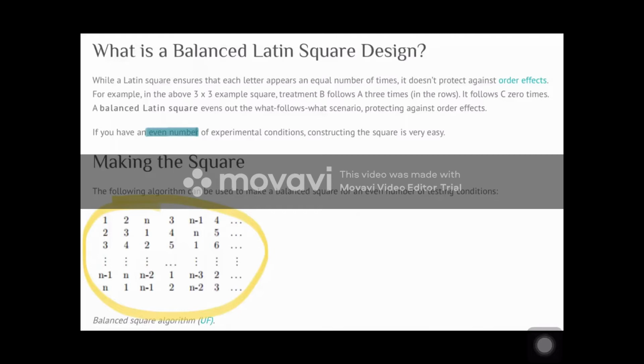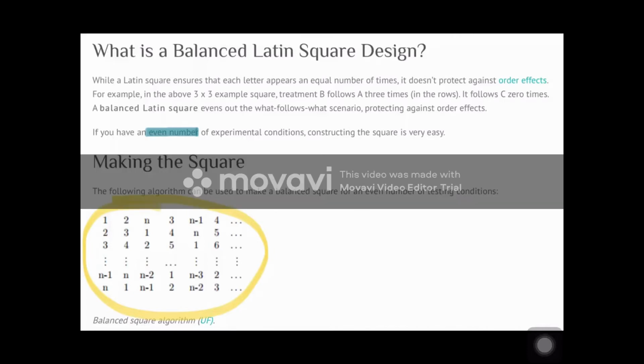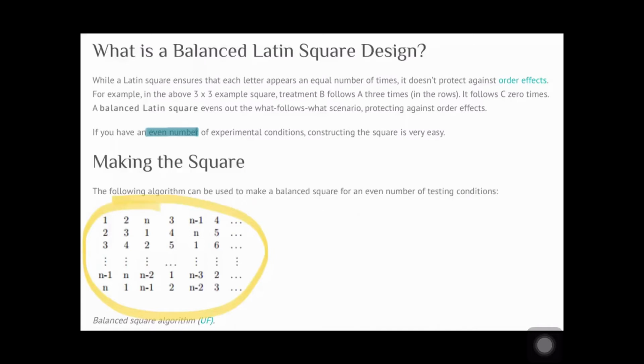If you have an even number of experimental conditions, constructing the square is very easy. As I said earlier, an even number is important for the balanced Latin square design. The following algorithm can be used to make a balanced square for an even number of testing conditions.